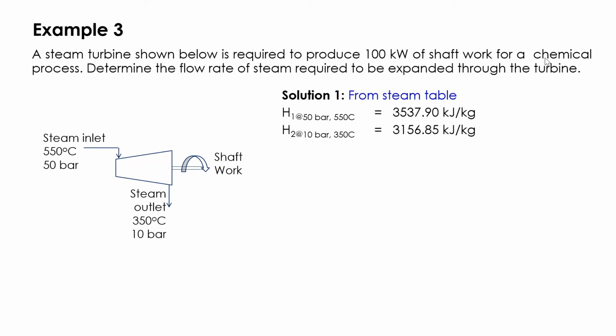From the condition given here, it's 550 degrees Celsius and 50 bar, basically the same as the one before. From the steam table we can identify the enthalpy of the steam, and then at condition number 2, we have 350 degrees C and 10 bar, and then we can also find the enthalpy of the exiting steam.